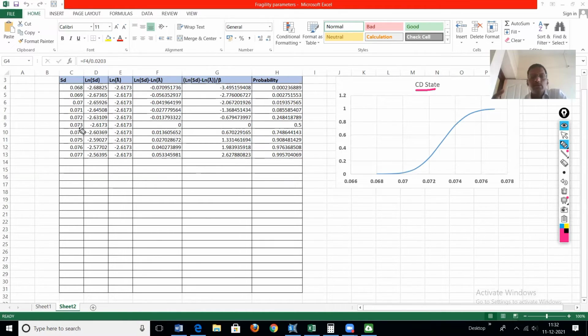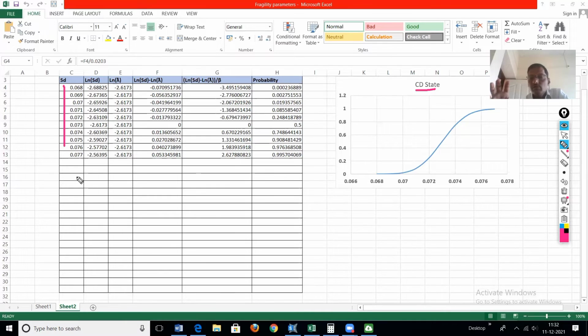We can take the range like 0, 0.1, 0.2, 0.3, 0.4, and so on, or 0.01, 0.02, 0.03, or 0.01, then 0.12, 0.14, 0.16, 0.18. Decide whatever values you like. For example, for this building, I have decided the range as 0.068, 0.069, 0.070, 71, 72, 73, all the values in meters.